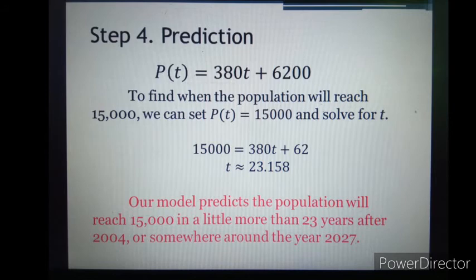Manipulating that, we get t is approximately equal to 23.158. Then our model predicts the population will reach 15,000 in a little more than 23 years after 2004, or somewhere around 2027. So now we are done with our discussion.